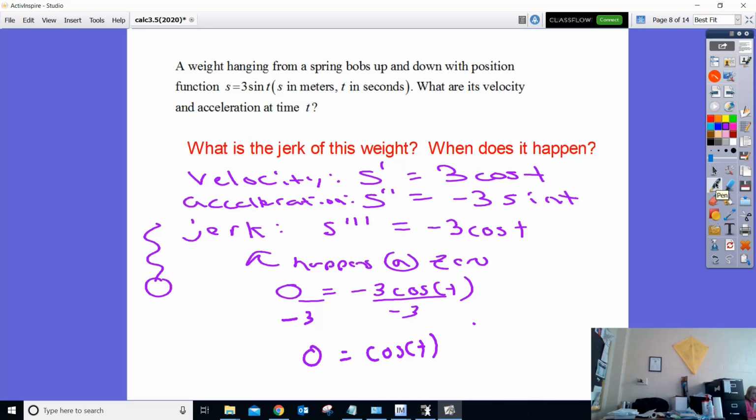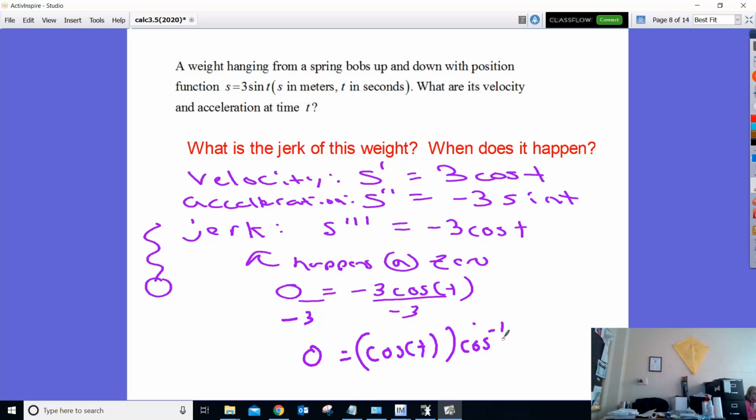I would fix cosine by taking the arc cosine of both sides and doing it by hand. That frees up t because cosine and arc cosine annihilate each other. Anybody know what the arc cosine of 0 is?